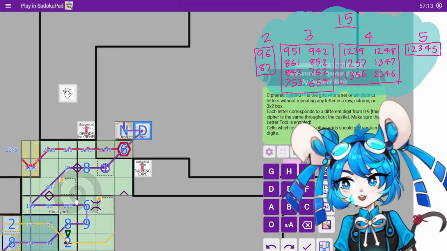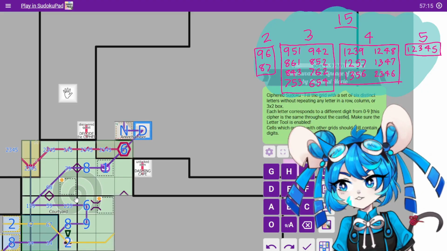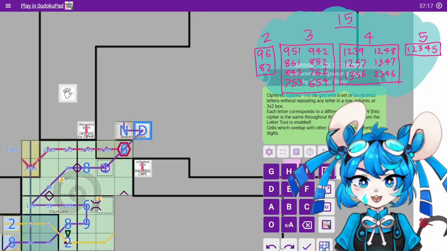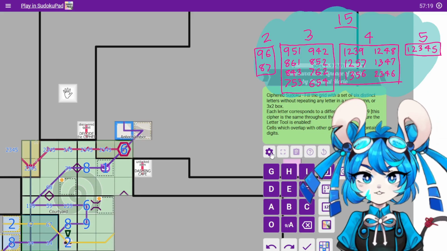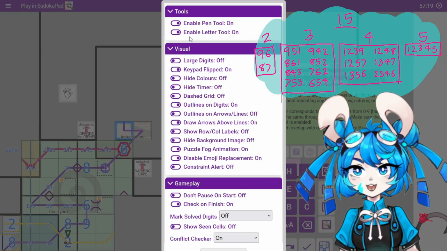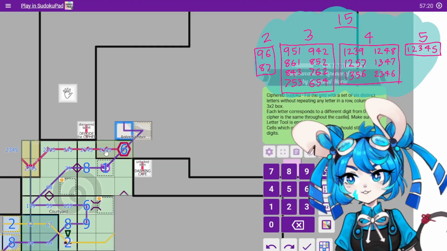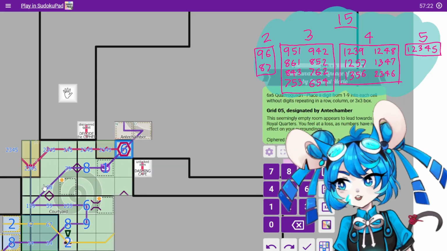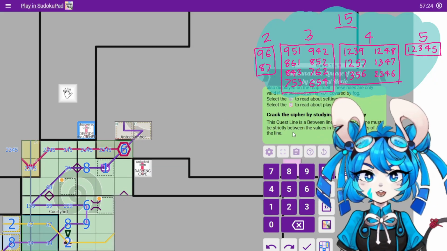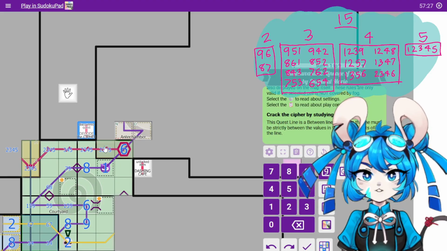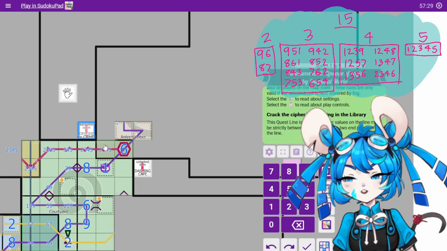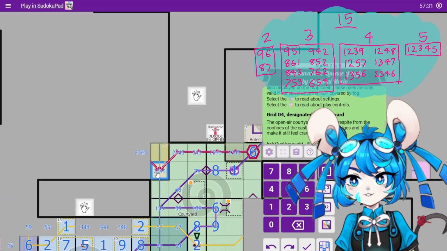N, D. That didn't do anything, so probably not. I'll just leave the letter tool turned off for now because it's very annoying to work with. And presumably, yeah, I'll have to go to the library in order to figure out the cipher.